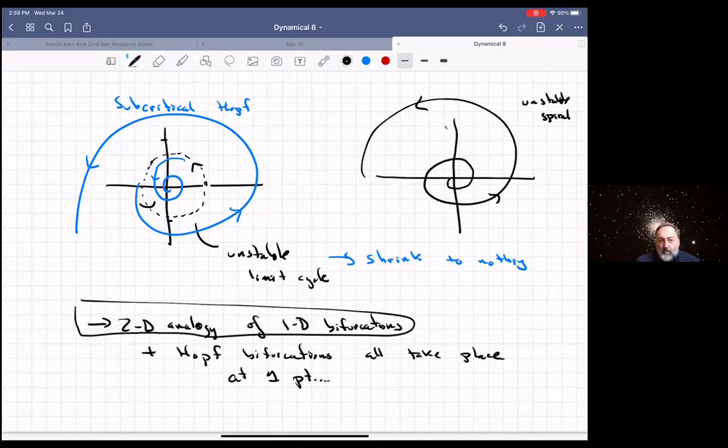Those all happen at one point, and those happen in 2D as well. Now, in 2 dimensions, we have limit cycles, which we didn't have in 1D because we couldn't go around, right? Couldn't cycle in 1D. So we have the Hopf bifurcation, which again happens at one point. And then the idea, and this is lecture 15 if you're following the notes, is that there are bifurcations that happen to the whole plane at once. And that's what we'll do next.